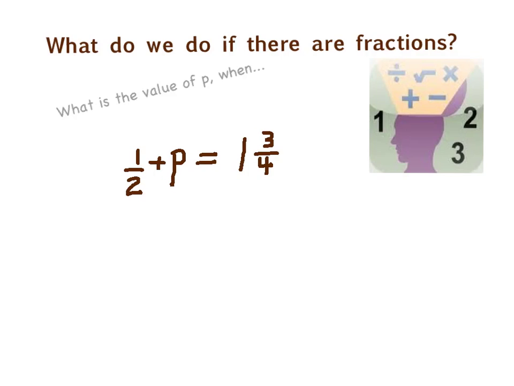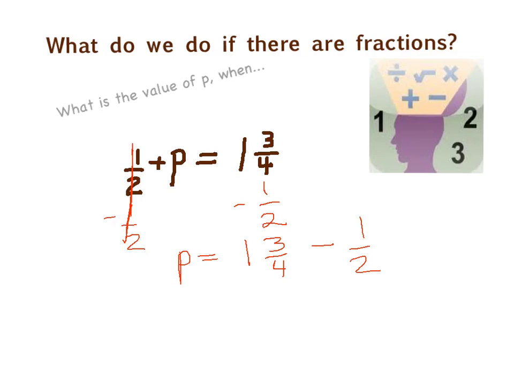So we'll subtract 1/2 from this side, and we'll subtract 1/2 from this side. This 1/2 goes away, okay? And we're left with p equals 1 3/4 minus 1/2. Now, probably the easiest way to do this is to get a common denominator.